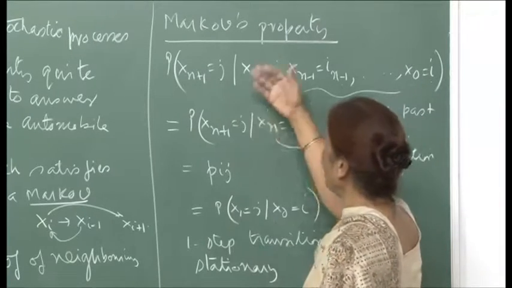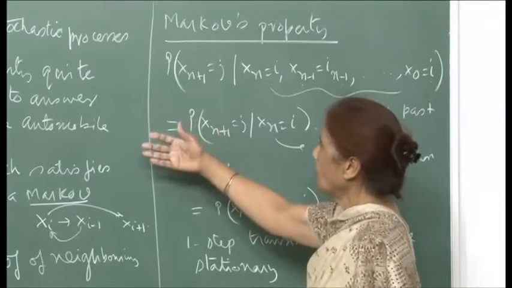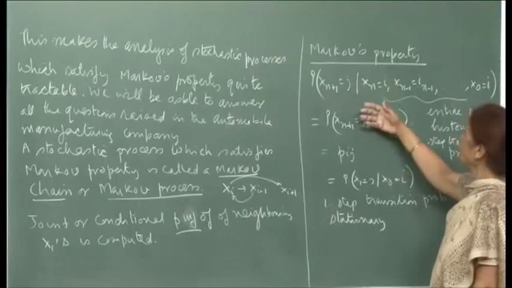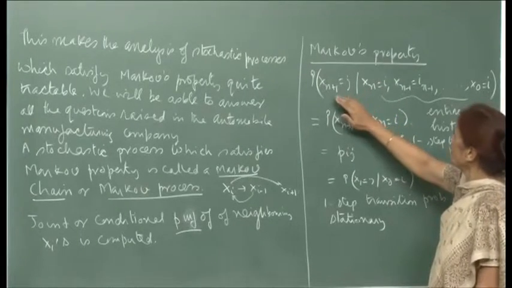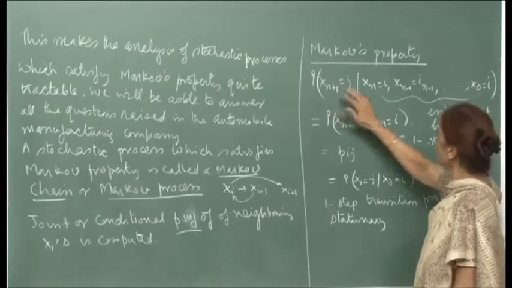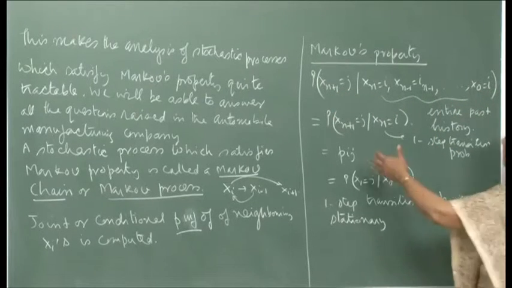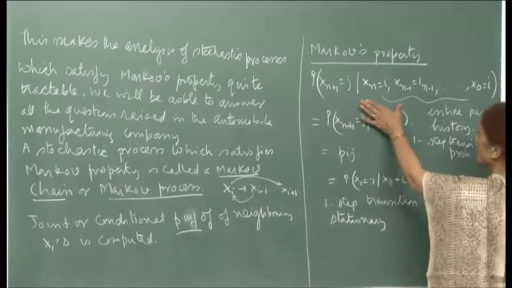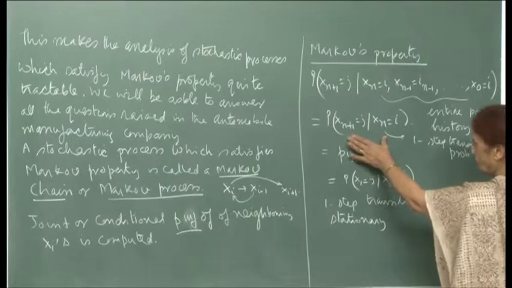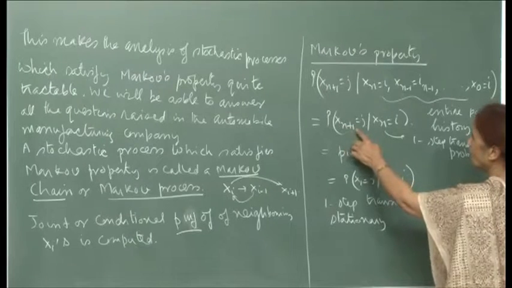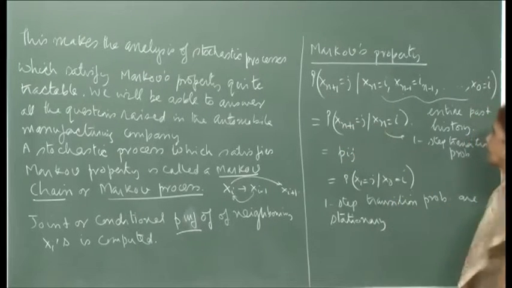If you are not assuming the Markov property is satisfied by the process, then to compute this probability you would need to know the entire past history. But Markov's property simplifies it and says that this whole thing is equal to the probability that Xn plus 1 equals j, given that Xn is i.